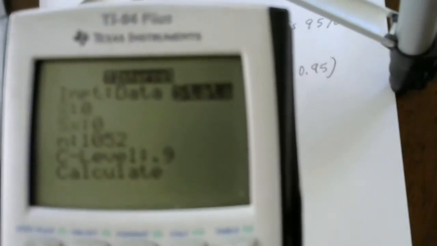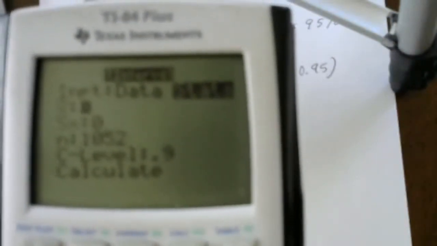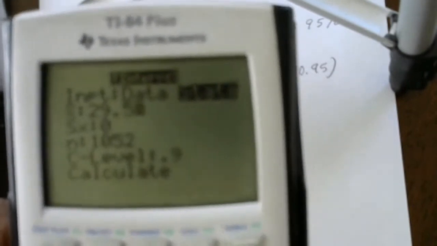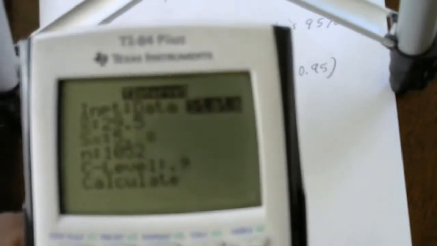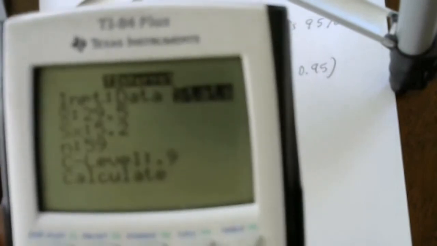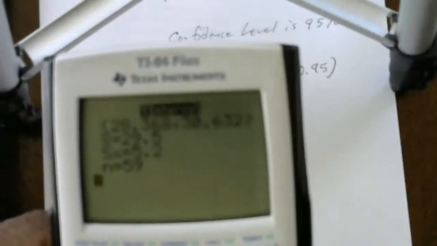We're going to put in x-bar as 29.5, the sample standard deviation is 5.2, n is 59. Our confidence is 90%. And notice we have the same interval.